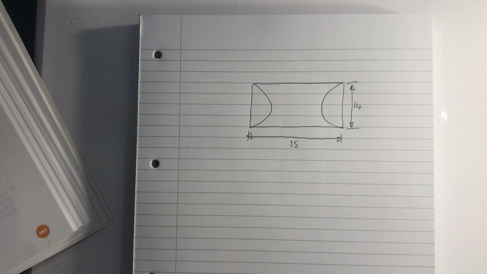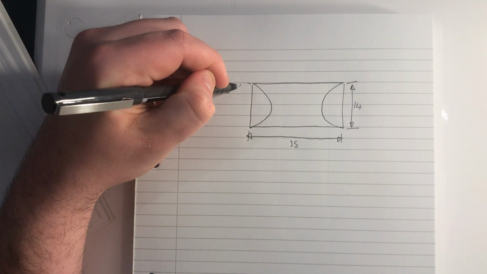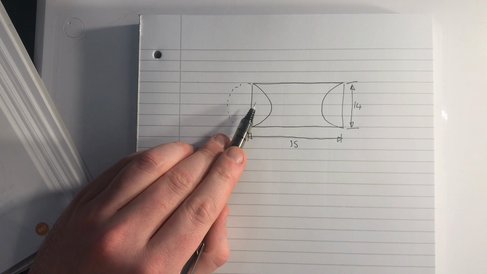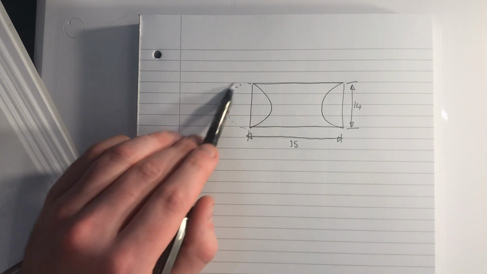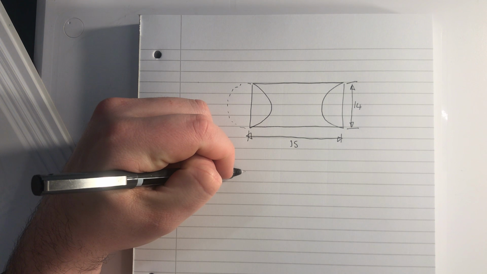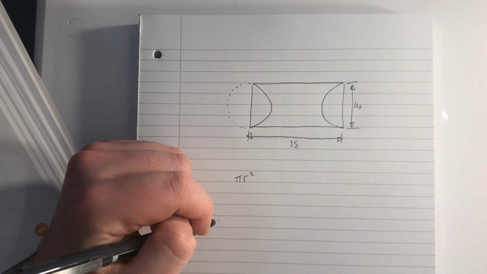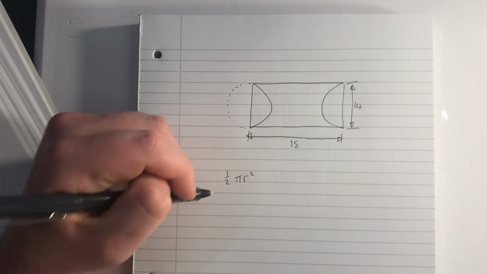So the two flower beds, well, they're semicircles, and if we continue it on, we get a full circle. So because we have this semicircle here, we're going to find half the area of a full circle, or half the area of that full disc there, okay? So we're going to go with pi r squared, and we want a half of that.